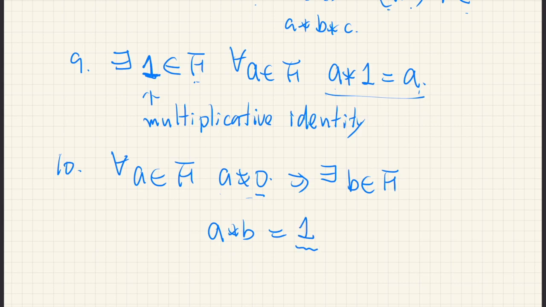So this 1 is the multiplicative identity, not the number 1 in general. Such an element B is called multiplicative inverse.